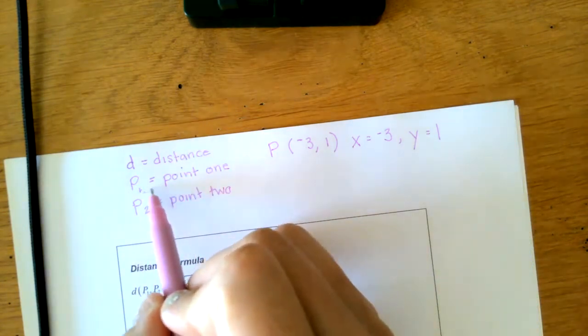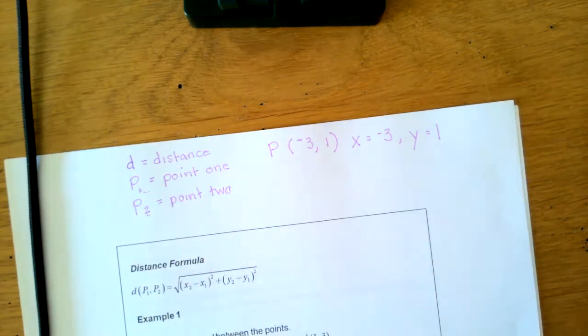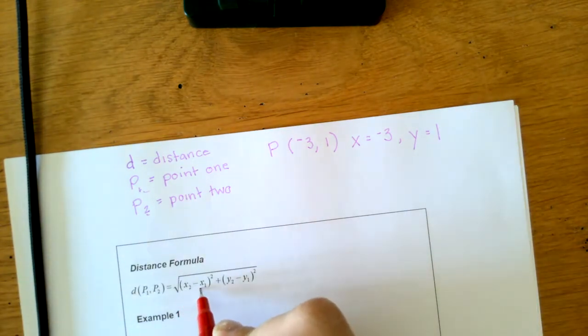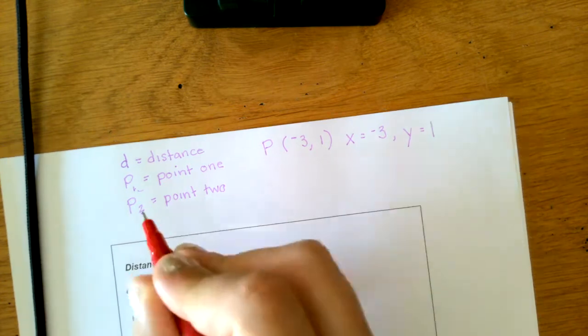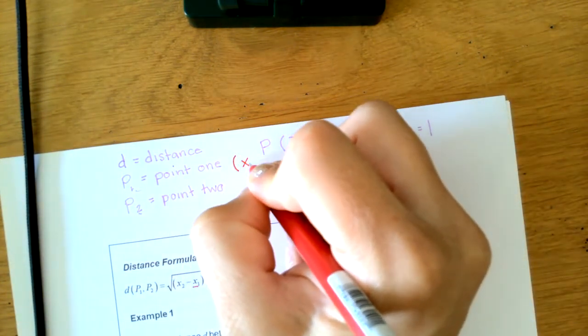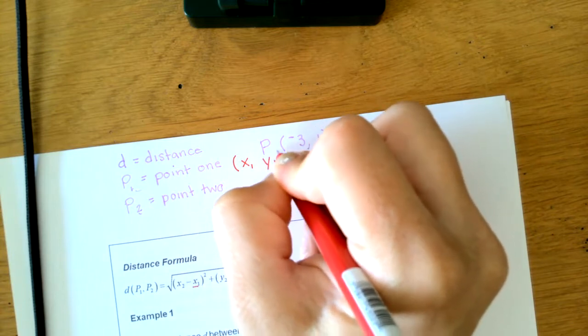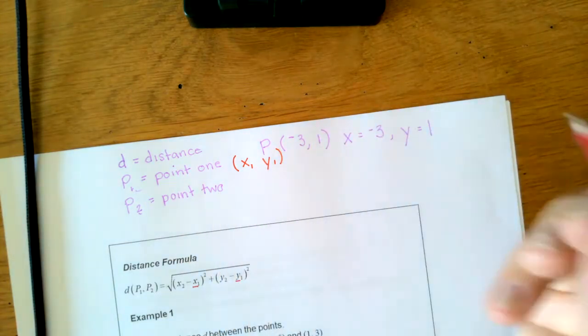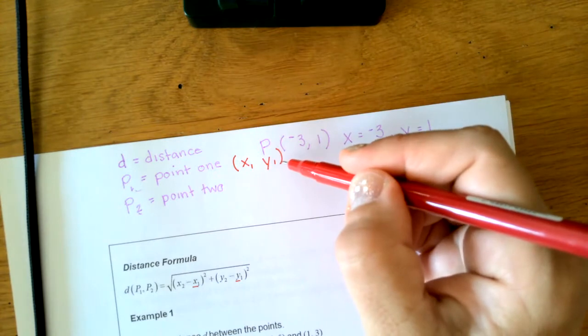So P1 is point 1, P2 is point 2. So x1 and y1 are part of P1. P1 is made up of an x and a y.